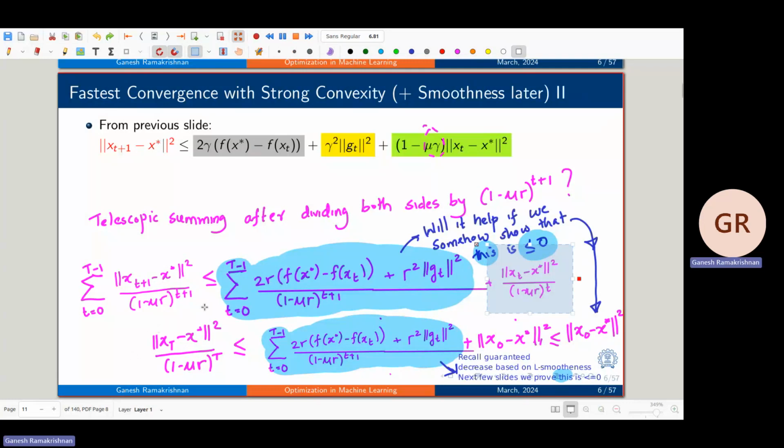The only difference is here we have t plus 1 in the denominator, here you have t. The exponent is the slight difference. So what happens if you sum? Is there any cancellation?